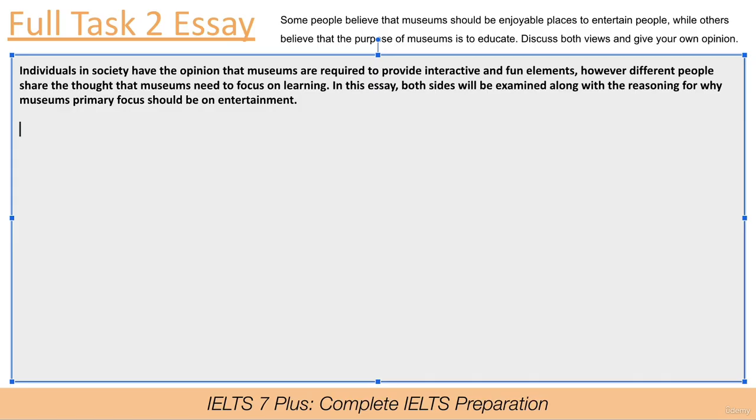Okay, so let's start off with our first paragraph, and we're going to address the reason that museums are there to educate. So we can say something like, it is undeniable that a museum is integral for educational purposes. Okay, let's go into some examples here.